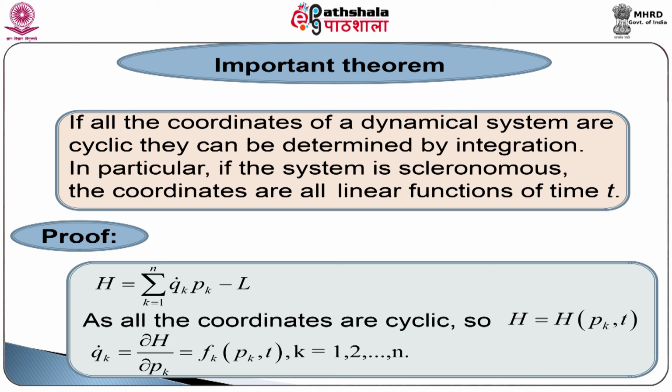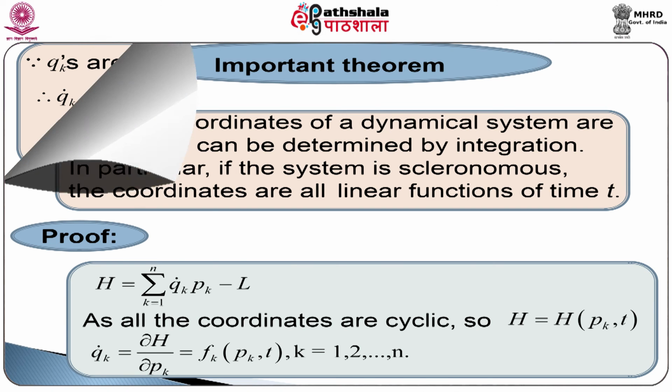Hamilton's equations of motion give qk dot equal to ∂H/∂pk. This can be written as qk dot equal to fk, which is a function of generalized momenta pk and time t, k varying from 1 up to n.